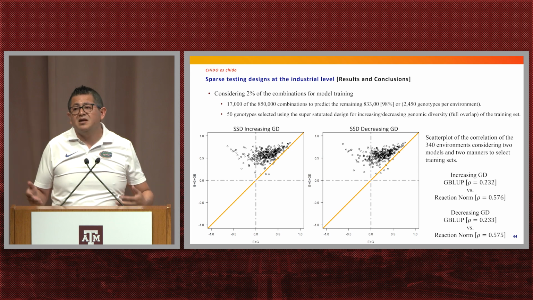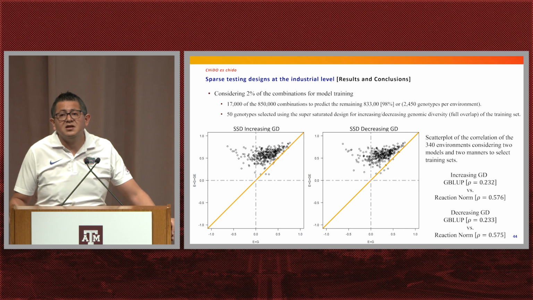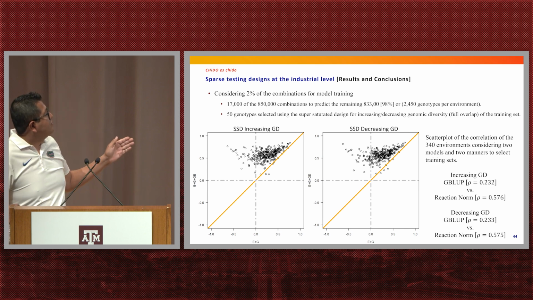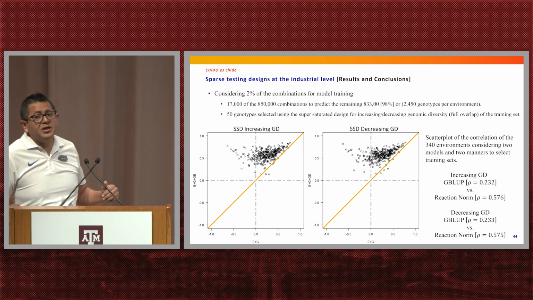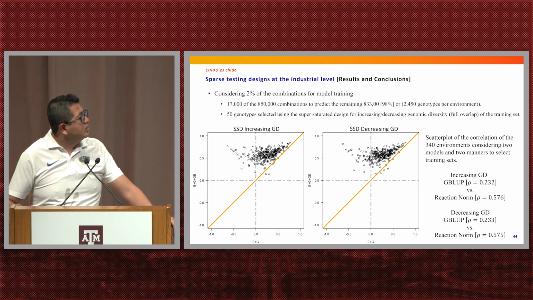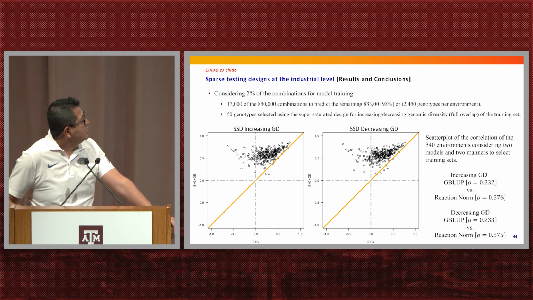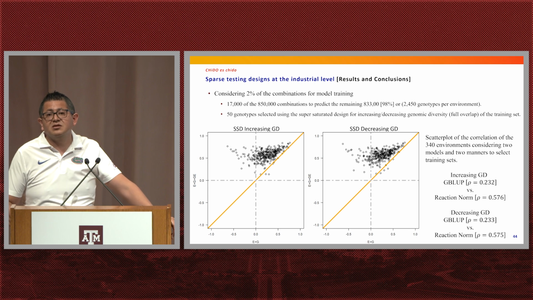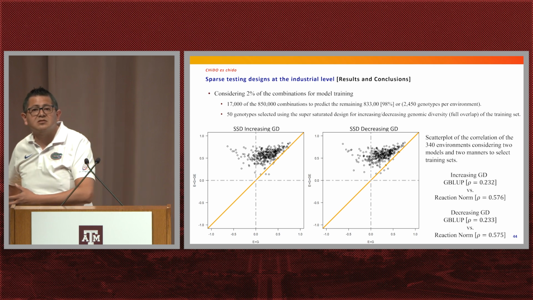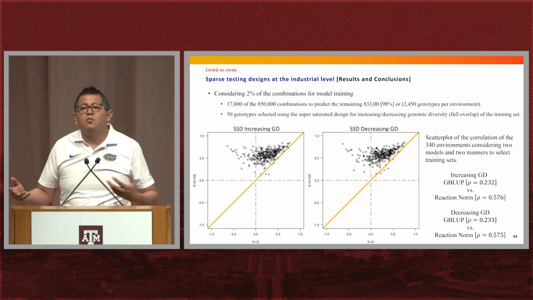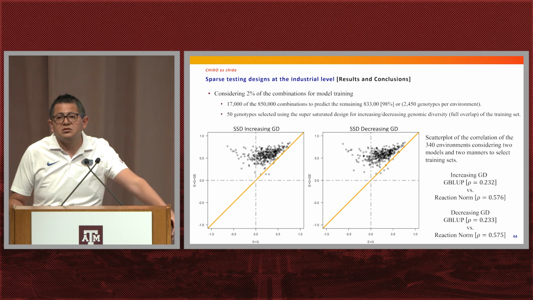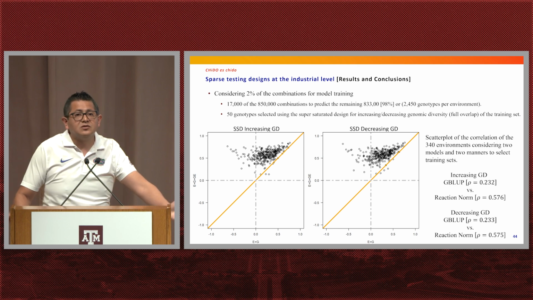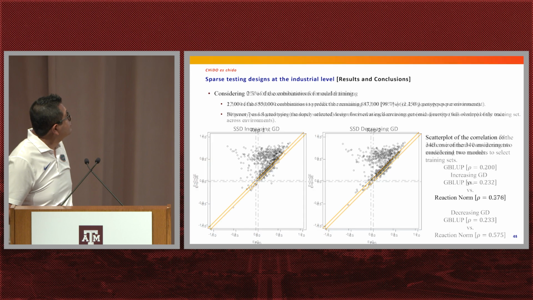And we found that there are no significant differences. The G-block model reduced predictability a little bit to 0.232. The reaction norm gave 0.57 when we increase genetic diversity, and when decreasing genetic diversity, results were the same. So there is a point where we have so many genotypes that probably the training composition won't matter, right? And this is what we obtained.